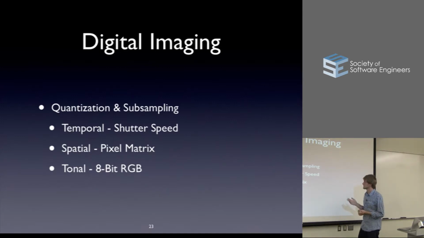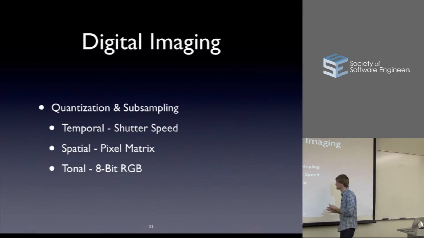The quantization and subsampling with images is temporal, where there's the shutter speed, where you can integrate over a long period of time: open your shutter, have lots of photons flow in, then close your shutter and read the values off of that. And then there's also spatial subsampling, which would be your pixels. And then also tonal, whereby you can have 3 color channels or 300 color channels at different bit depths.